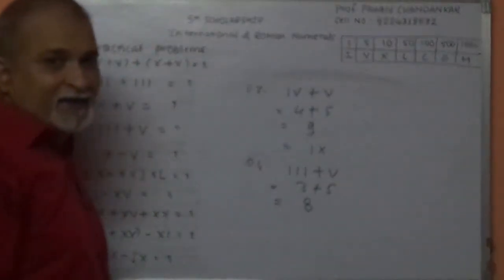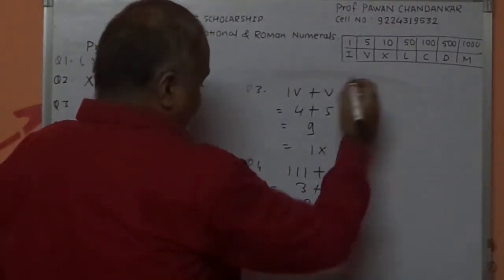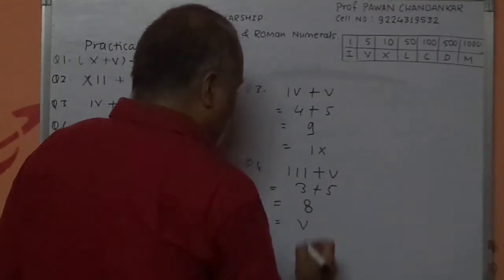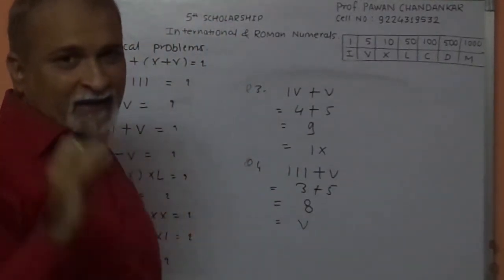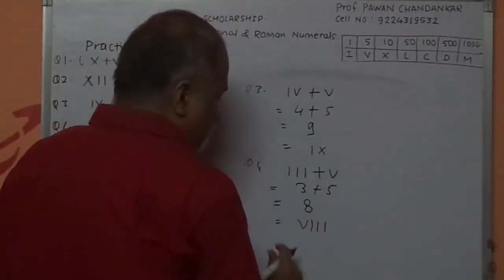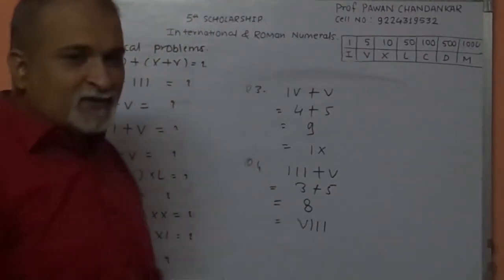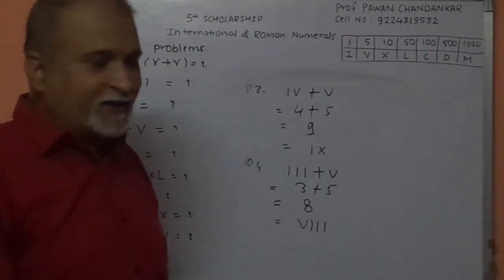How will you write 8 in Roman numerals, students? 8 means what? 5 plus 1 plus 1 plus 1. First of all I will be writing V, and after V I will be writing I thrice. 1, 1, 1. That is I, I, I. So how is 8 represented in Roman numerals? V and I 3 times.